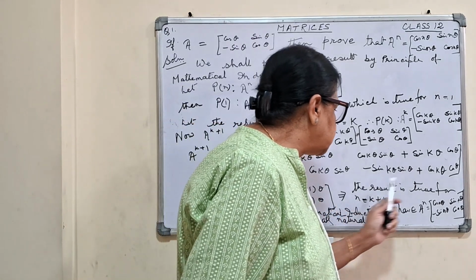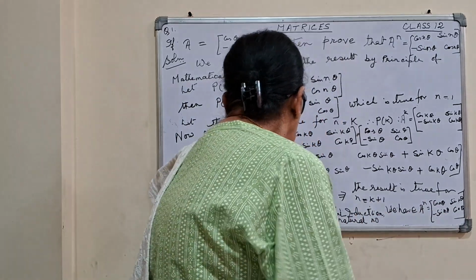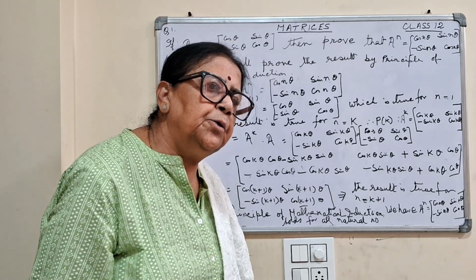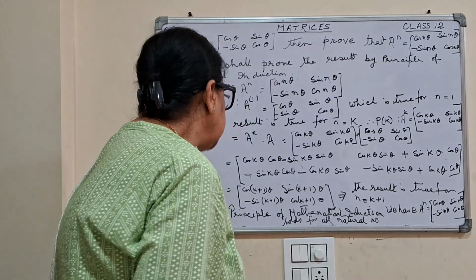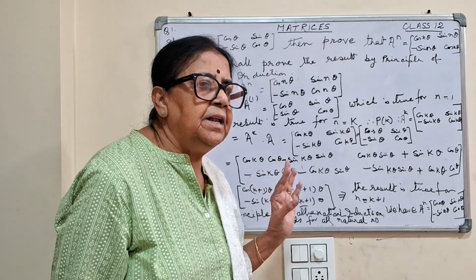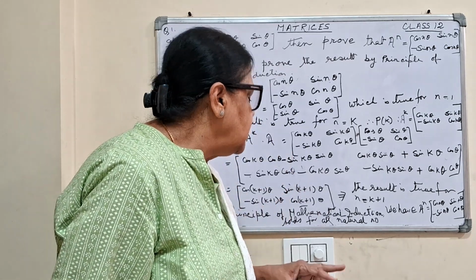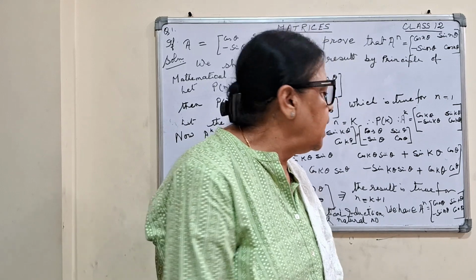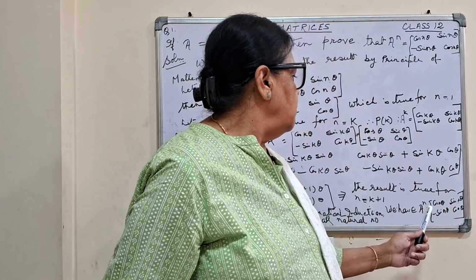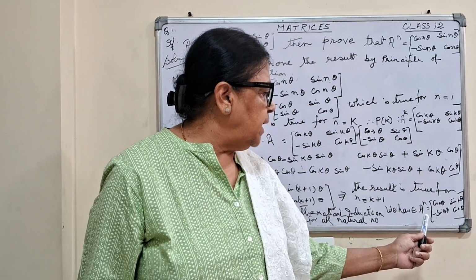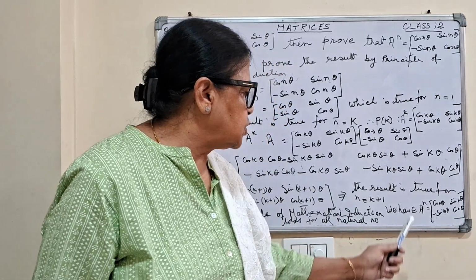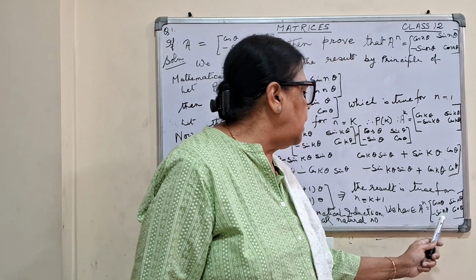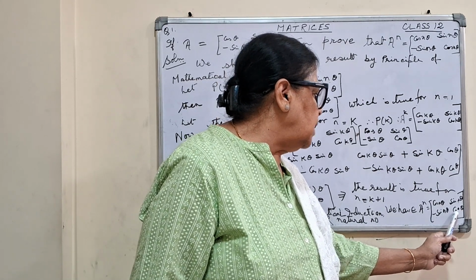Then the result is true for n is equal to k plus 1. Thus, by principle of mathematical induction, we have A raised to the power n is equal to [cos n theta, sin n theta; minus sin n theta, cos n theta].